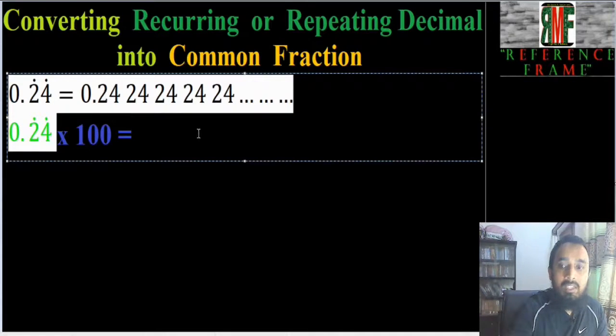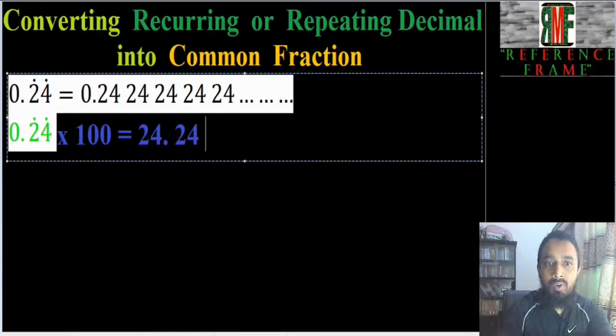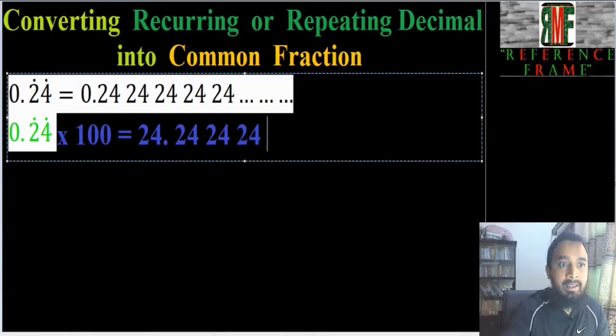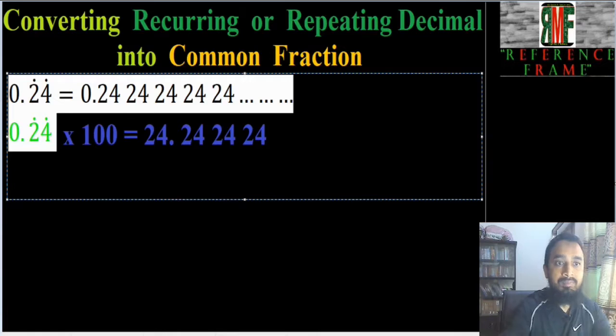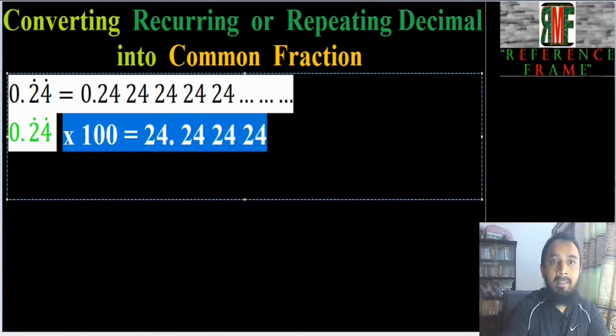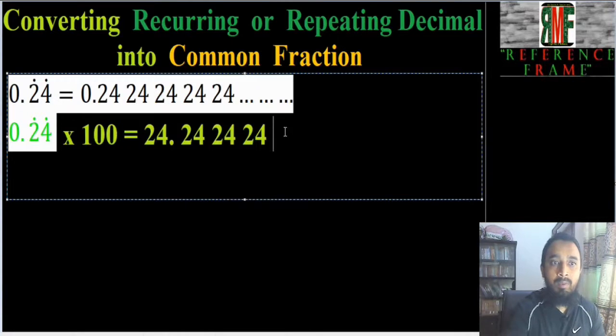Look, 24.242424, right? That will continue. Okay, and again we're going to do the same thing. First of all we multiply by 100, and then we multiply by 1.